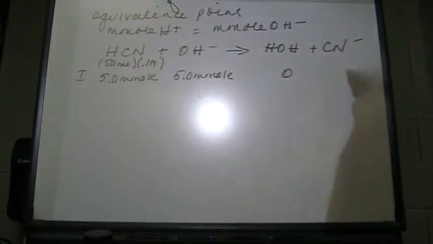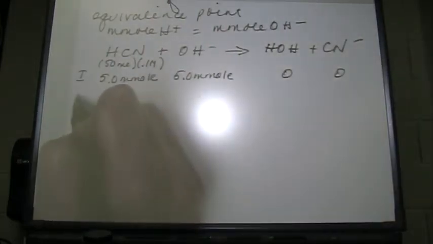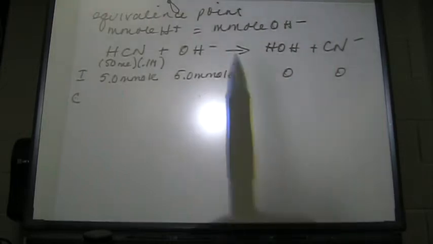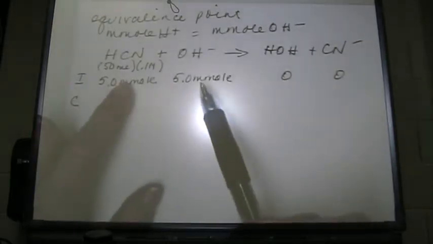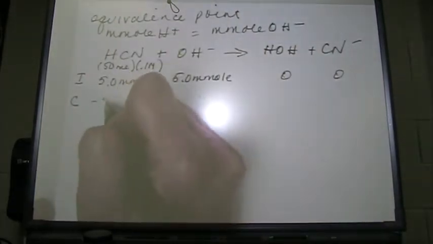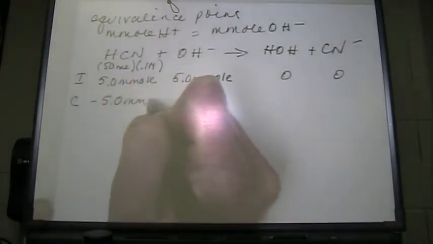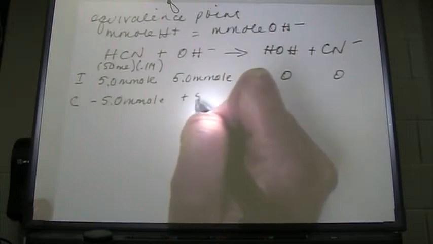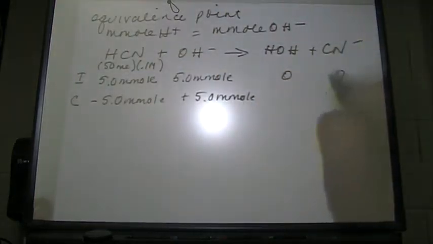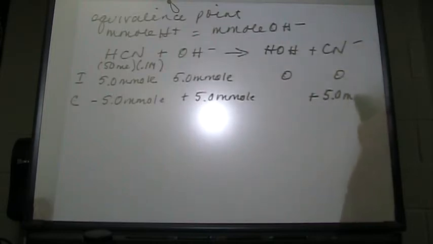Initially we have none of this and none of that. The change during neutralization is the complete stoichiometric 1-to-1 neutralization of all the H and all the OH. So this goes down by 5 millimoles, this goes up by 5 millimoles, and we subsequently make 5 millimoles of the CN ion.